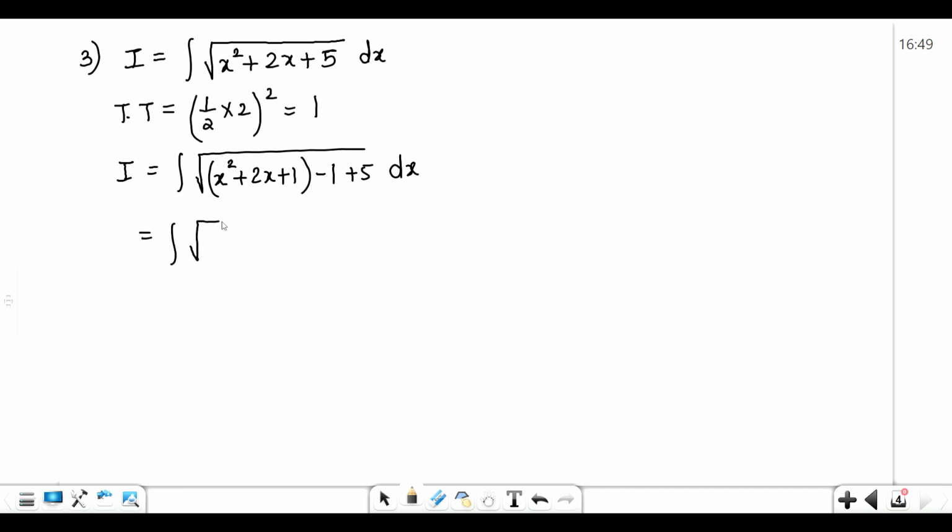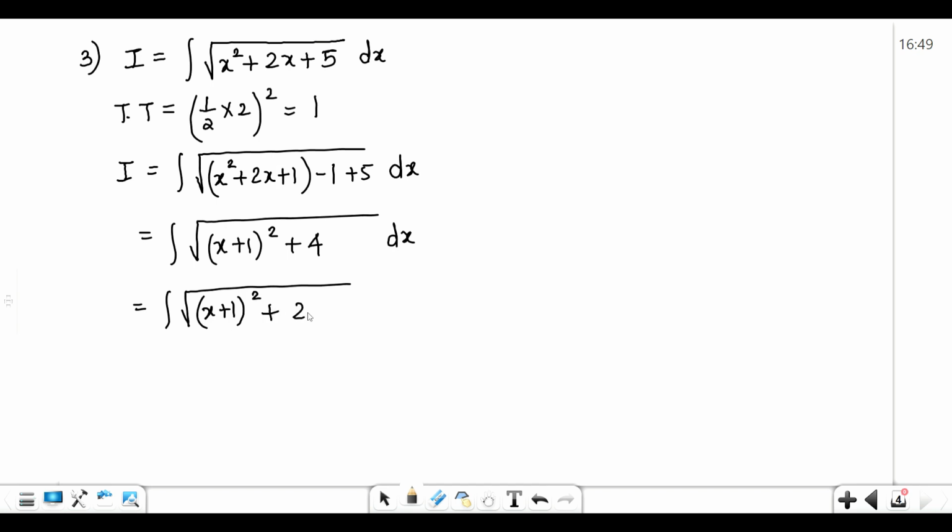Then this will come out to be (x plus 1) the whole square, and this will come out to be plus 4 dx. Then we will write this as (x plus 1) the whole square plus 2 square. We can write this 2 in the form of a square. Now this looks like the square root of x square plus a square.